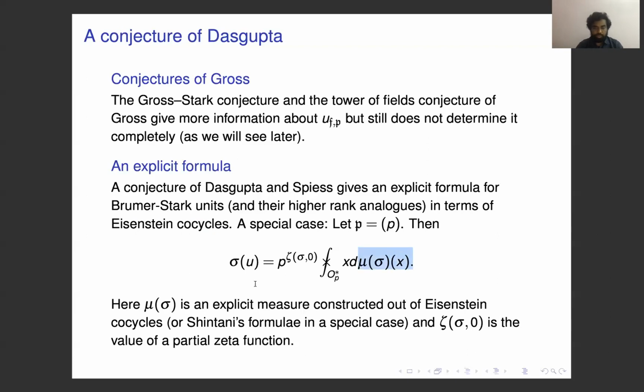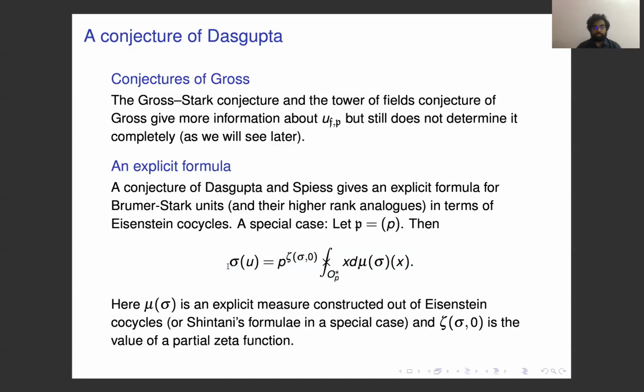This measure is constructed out of the Eisenstein co-cycle, or in this special case using Shintani's formula. Okay, and there's some error term here which is given by the value of the partial zeta function. So this is the term that appears from Brumer's conjecture, and then this is some other part of it. So this remarkable formula helps you to determine this u explicitly.